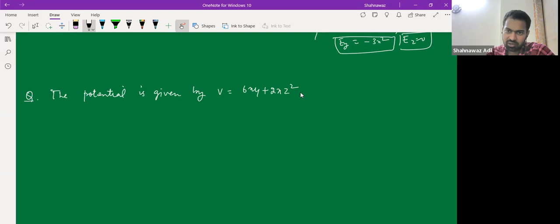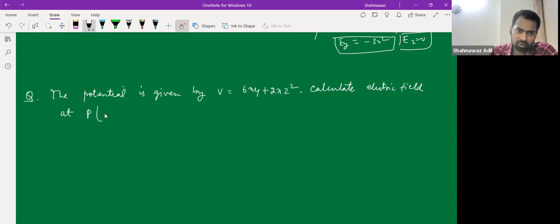And we need to calculate the electric field at the point 1, 2, 3. So this is the complete question. First, potential is given and we need to find out what is the electric field.